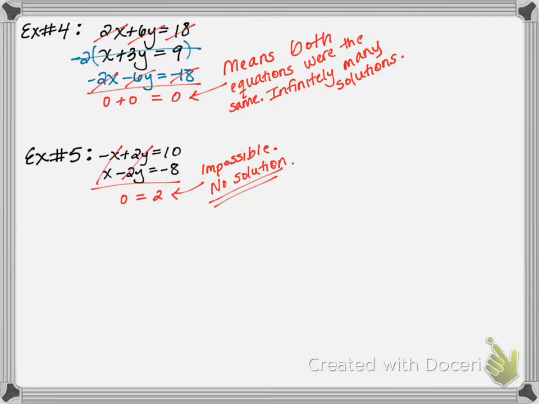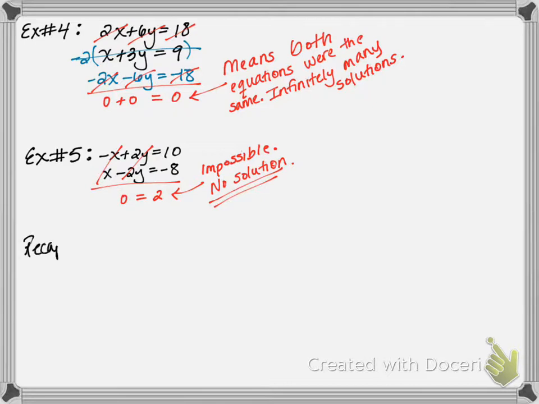But on the right side of the equal sign, I had 10 minus 8, which is 2. Well, 0 can't be equal to 2. That's impossible. They're two different numbers, two different values. So this time, since I ended up with 0 equals 2, not just 0 equals 0, then it's no solution.